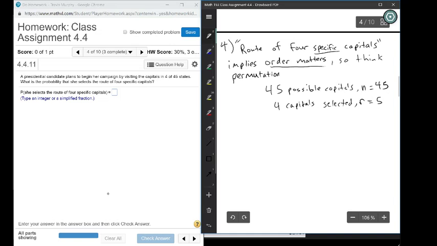So this specific capitals means, say she wants to visit Boise, and then Sacramento, and then Carson City, and then Juneau. So say specific route.